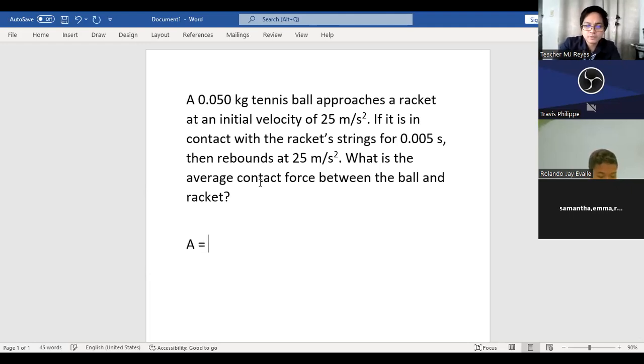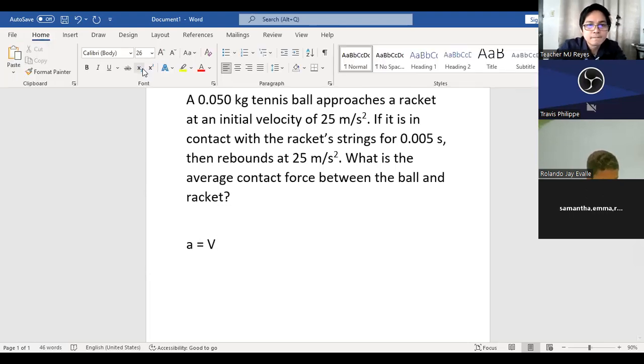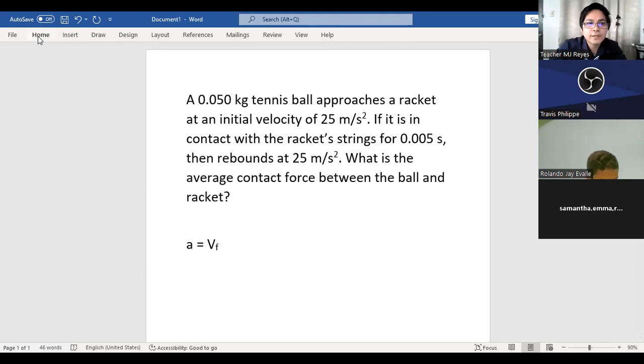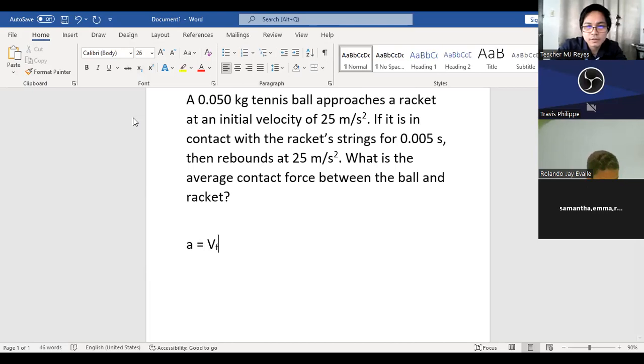Acceleration is equal to the velocity thing that we had discussed last school year. This is a continuation. Initial velocity. Yeah, the VF and VI. Remember the final velocity and the initial velocity?